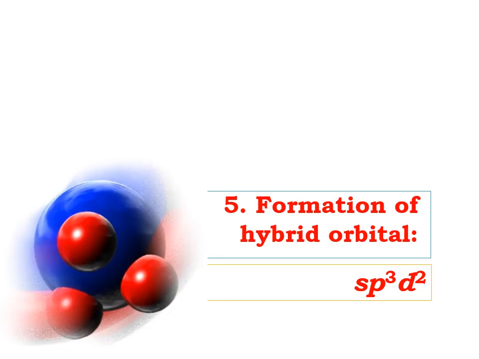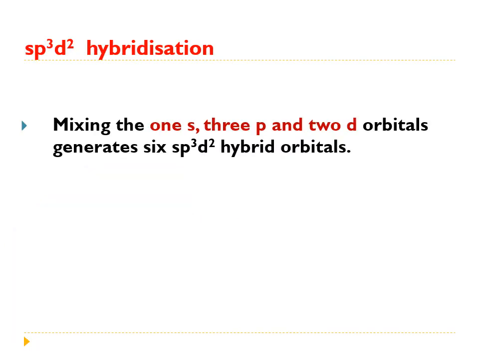The last hybridization orbital is sp3d2. sp3d2 hybridization is formed when we mix 1 s, 3 p, and 2 d orbitals. It will generate 6 sp3d2 hybrid orbitals.